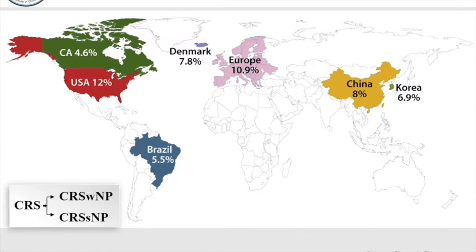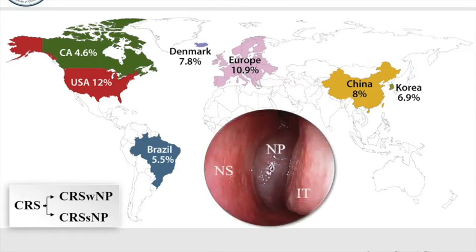The prevalence of CRS in China is 8%, which is close to the neighboring country, Korea. So worldwide, CRS is a very common disease, which can be phenotypically divided into CRS with nasal polyps and CRS without nasal polyps. I'm going to focus on CRS with nasal polyps.